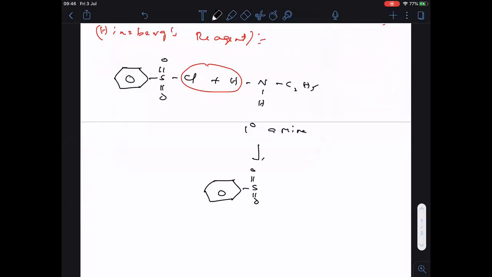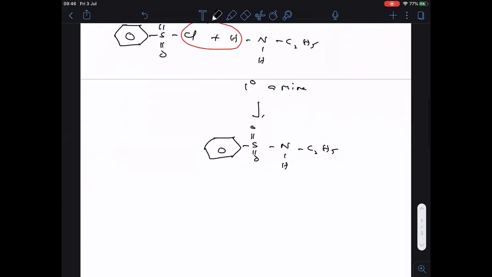S double bonded O, double bonded O, NHC2H5. What is the name of this product? This is said to be N-ethyl benzene sulfonamide.